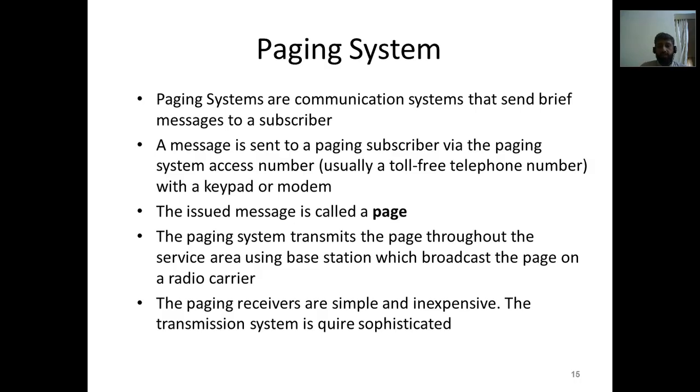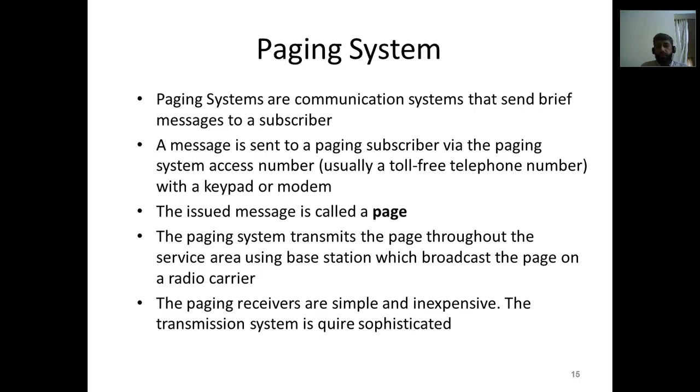The message which we transmit to the subscriber is known as a page. So if we need to transmit information to a subscriber, the paging system transmits the page throughout the service area, and this is generally transmitted from all the base stations serving that particular area.